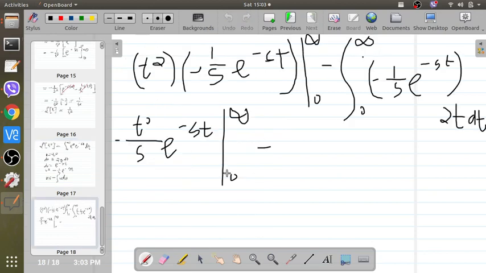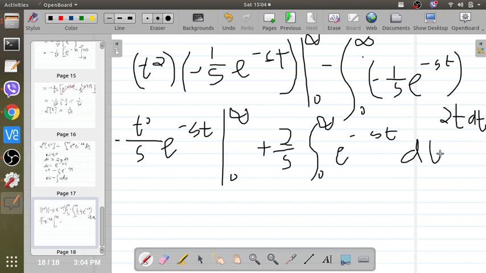We all know that 2 is a constant and negative 1 over s is a constant. So we take them out, and it becomes plus 2 over s integral from 0 to infinity of e raised to the power of negative st t dt.